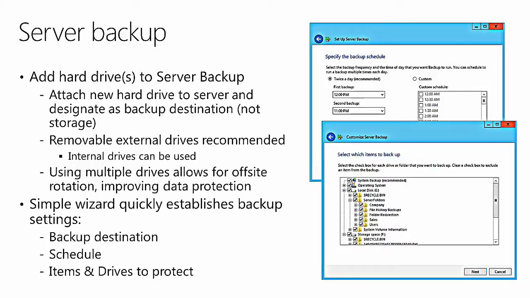So the idea that you could run a backup in the middle of the day at 10 o'clock in the morning or 2 o'clock in the afternoon and really not impact the end users at all gives you a really robust way to protect your data and to be able to restore information in a shorter window of time, so that you can get back to a more recent backup of a file that may have been worked on throughout the day.